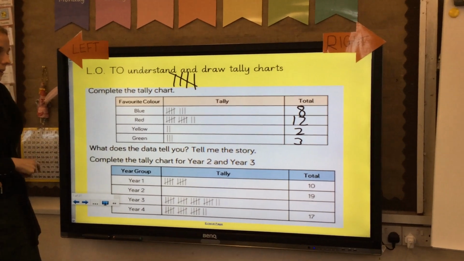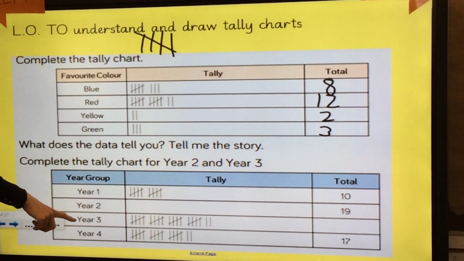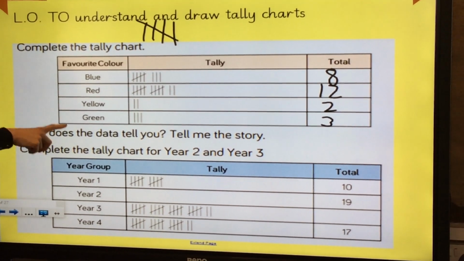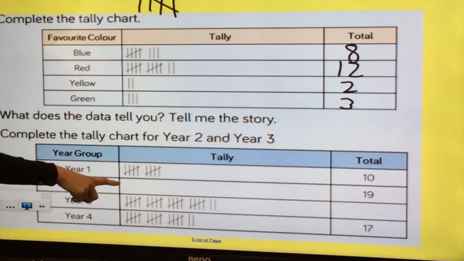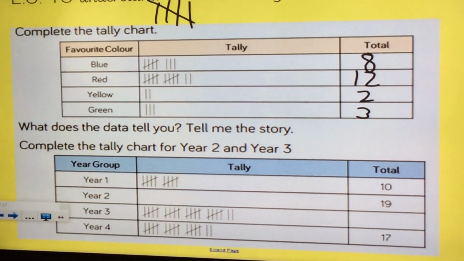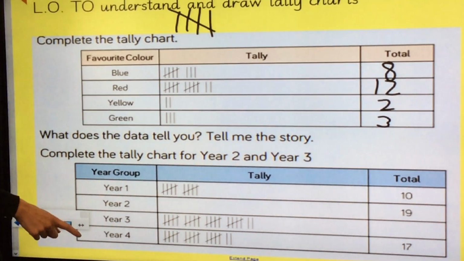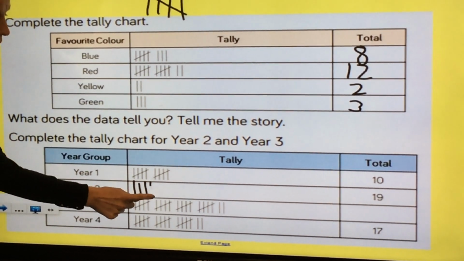The bottom one, we've got some of the totals in, but we've got one missing. So we're going to have a look at year 3. And the bottom one has got the year groups and how many children are in each year group. So this is missing, but we've got 19 in year 2. So we're going to have a go at drawing 19. So 1, 2, 3, 4, 5.